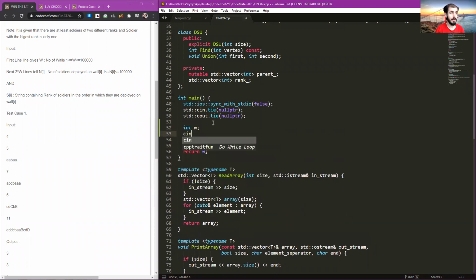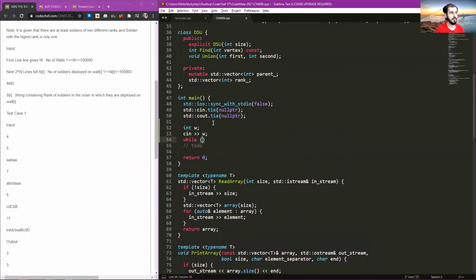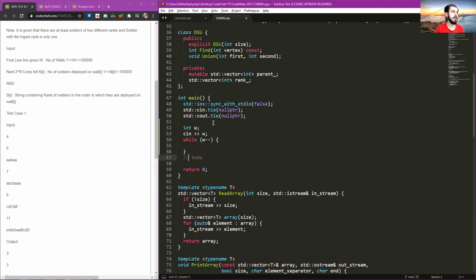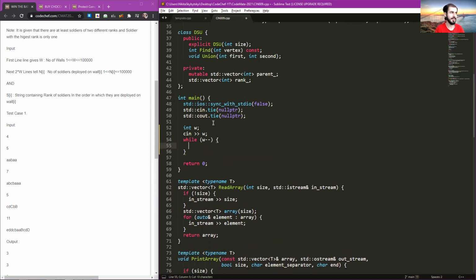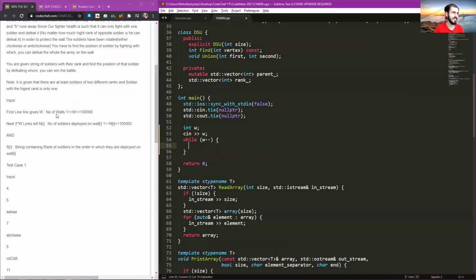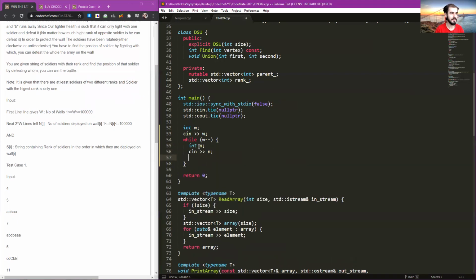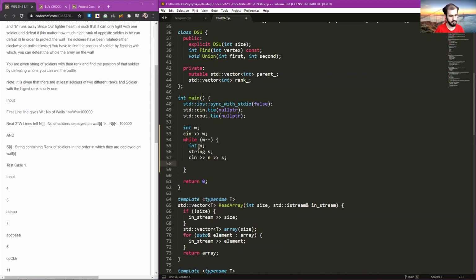We have some walls, we want to process them in a while loop. People, let me know down in the comments if you understand the problem, because it's, never mind, it's okay, it happens. Oh, bro. So we have soldiers.